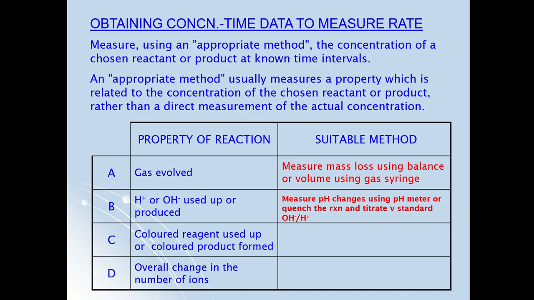You haven't studied acid-base equilibrium yet, so you don't know how to convert pH into concentration of acid or concentration of alkali. But you'll just have to bear with us. Over the next few months, you'll study your acid-base equilibrium, and you will be able to take your reading from your pH meter and convert it into concentration of acid or alkali. And provided you know the initial acid or alkali concentration, which you should know, then you can work out the change in concentration of acid or alkali per second.